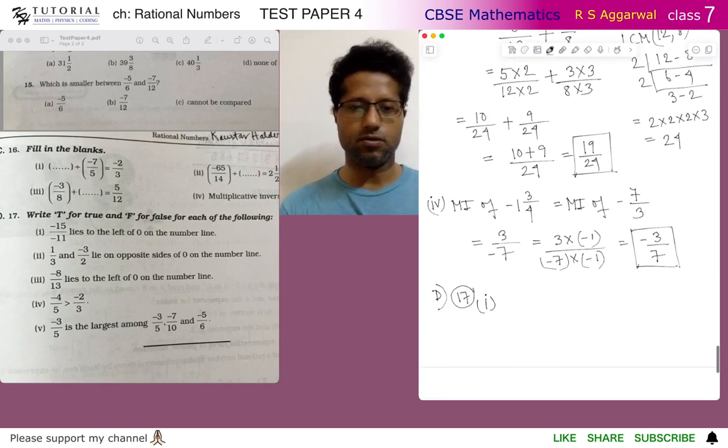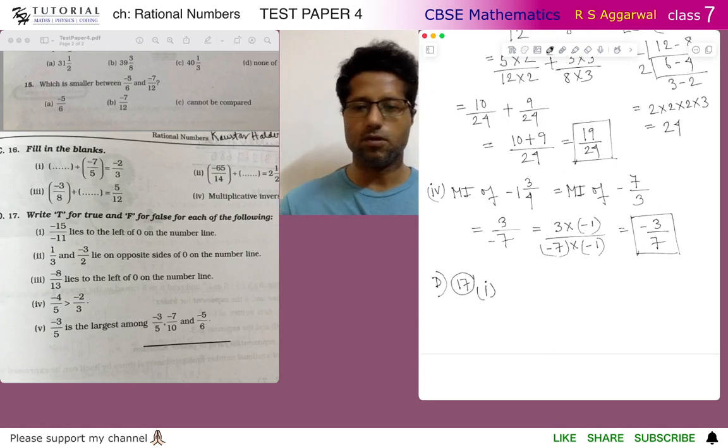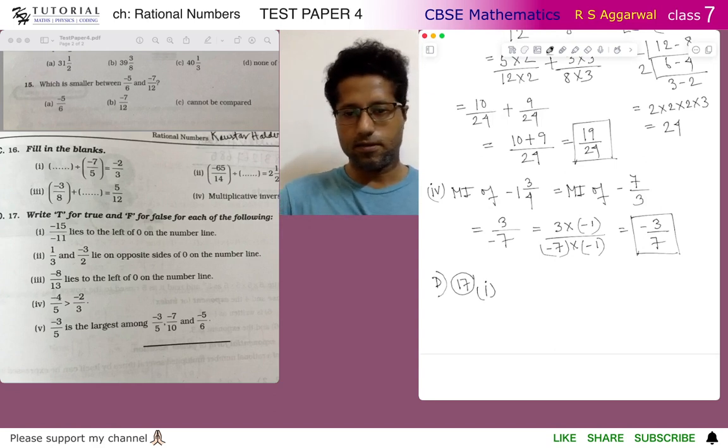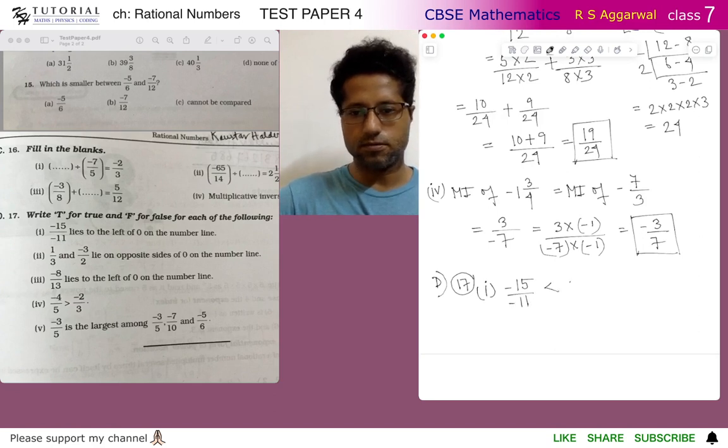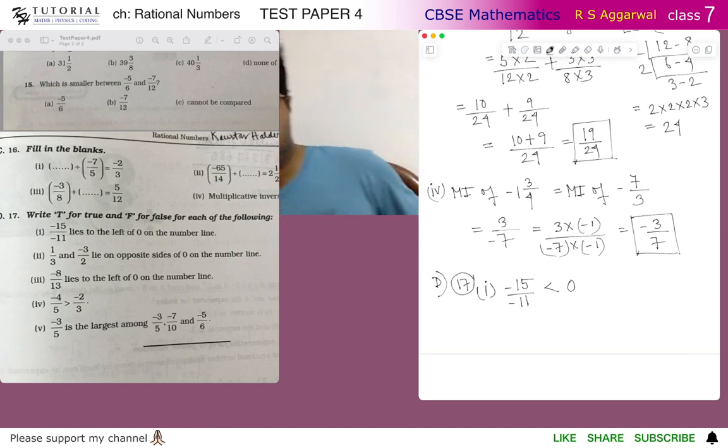Now any number to the left of 0 means it is less than 0. So it is saying that minus 15 by minus 11 is less than 0. This is what the statement is saying, and we have to verify this.